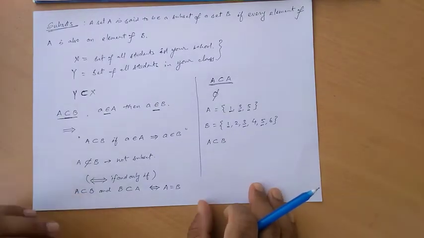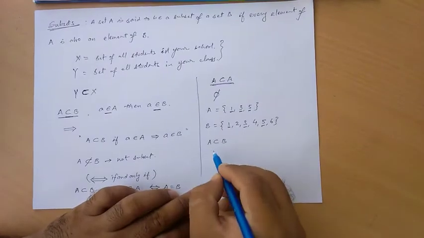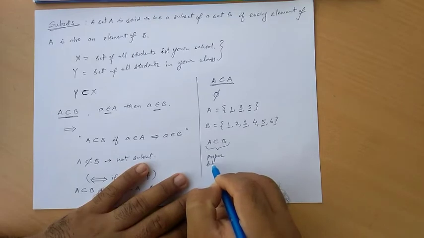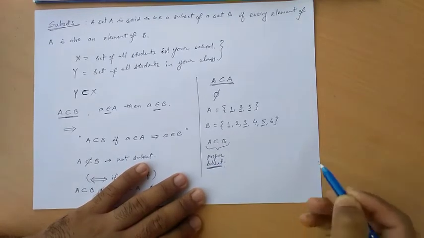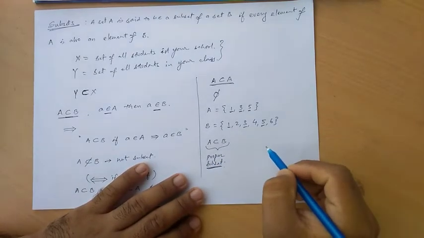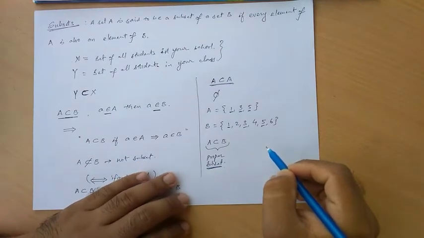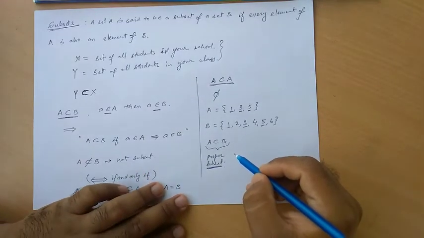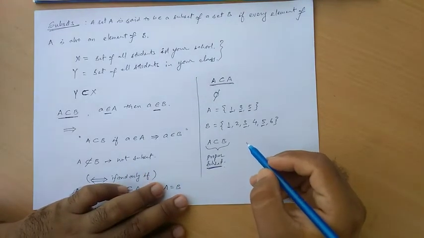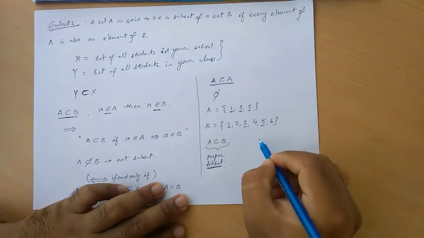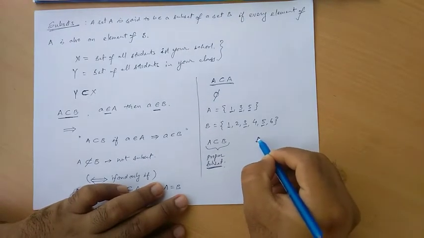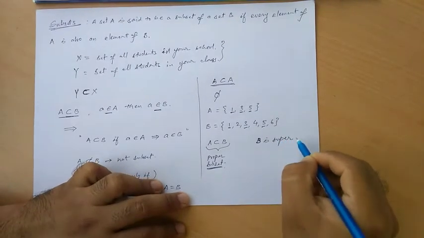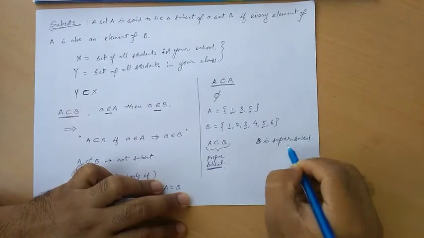This is known as a proper subset, and B is known as the super set. Here B is the superset.